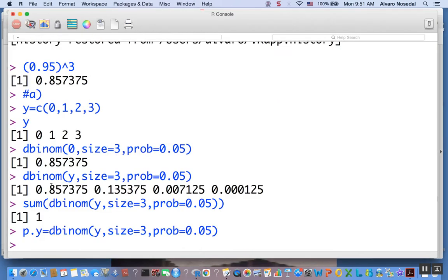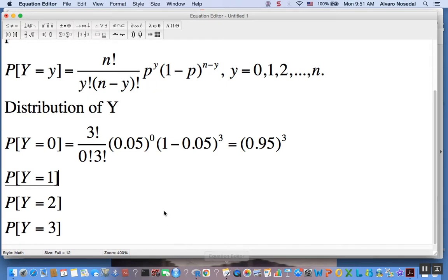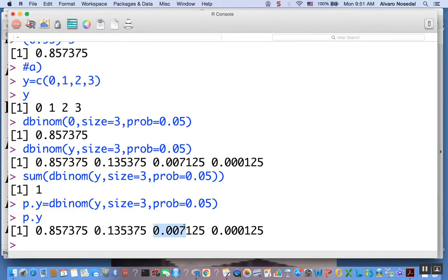What we have is p of y. For the next one, the probability that Y equals 1 would be this one. Y equals 2 would be this one.